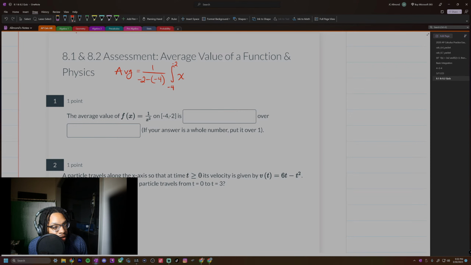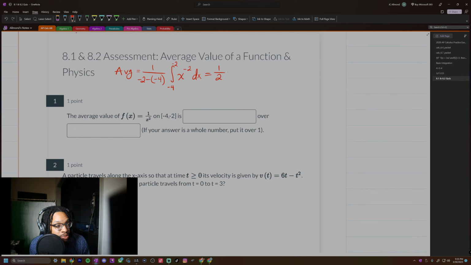So I'm going to write it like x to the -2 dx. So that's my setup. So I just got to integrate this and then plug in some numbers. So -2 plus 4 is what? 2.